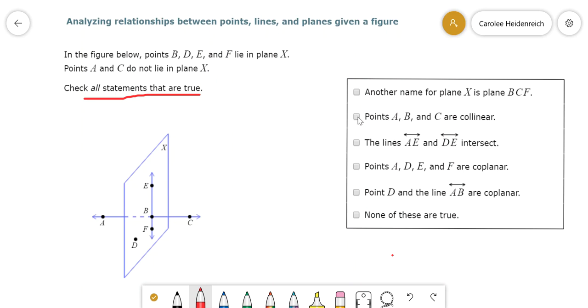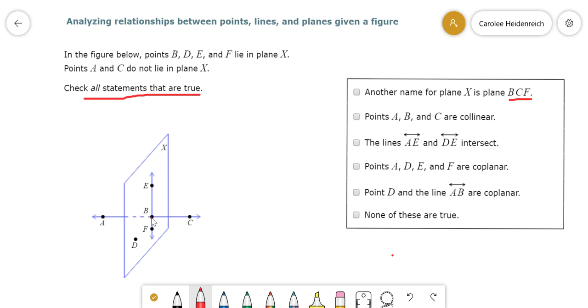It says another name for plane X is plane BCF. You do need to name a plane with 3 letters, and when I say letters, I'm really talking about points. We need to name it with 3 points. B, C, and F need to be in the plane, and they can't all be on the same line.